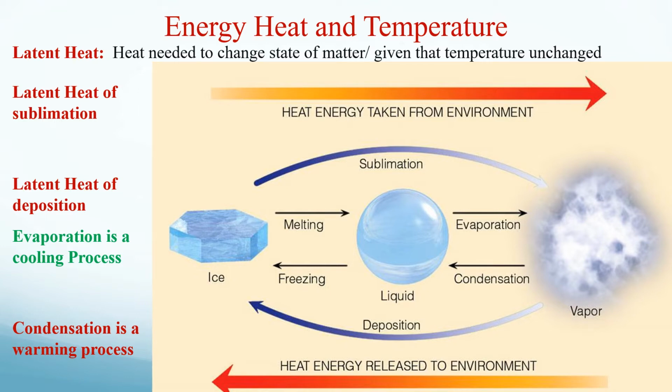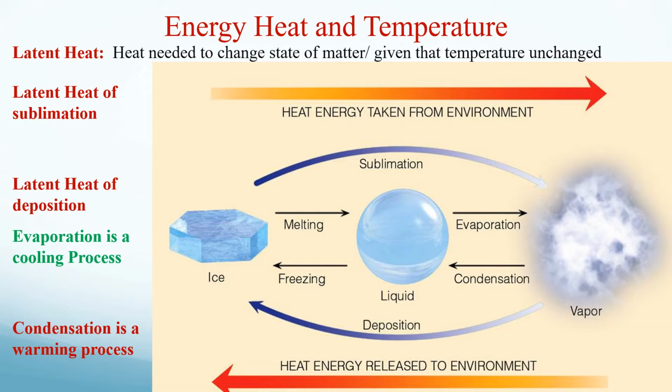Another thing: there are four changes of state, melting, freezing, evaporation, and condensation. And another two that are most important are sublimation and deposition. We know melting, evaporation, freezing, and condensation; you all already know that. But please bear in mind sublimation. What is sublimation?